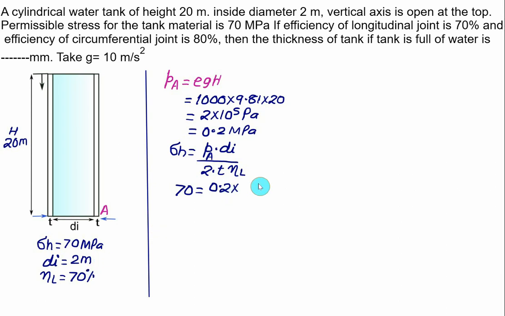We have internal diameter equal to 2 meter, which we have to use in mm as 2000 mm, divided by 2 times the wall thickness, which is to be obtained. Longitudinal joint efficiency is 0.7. Solve this, you will get the required thickness t. The required thickness t will come out to be 4.08 mm.